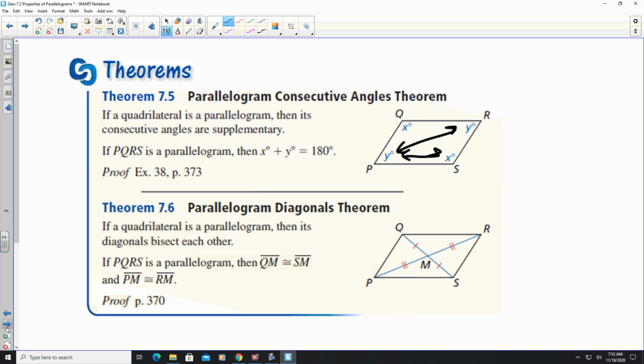And then the theorem below: if you drew the two diagonals, their intersection bisects each other. What that means is when they bisect, PM is going to be congruent to MR, and also QM will be congruent to MS.